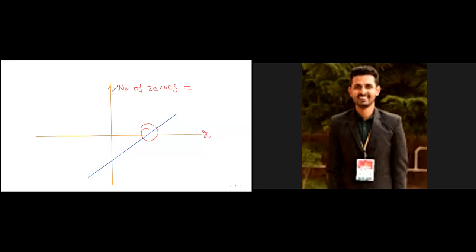This is the x-axis, this is the y-axis. So 1 zero. Also, what type of polynomial is this? Linear, quadratic, or cubic polynomial? Yes, it is a linear polynomial. Good.